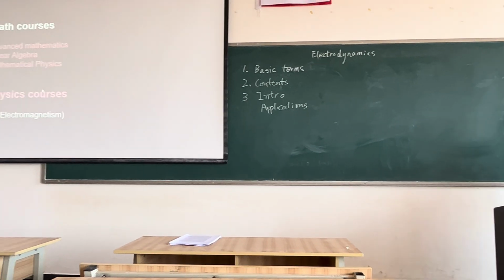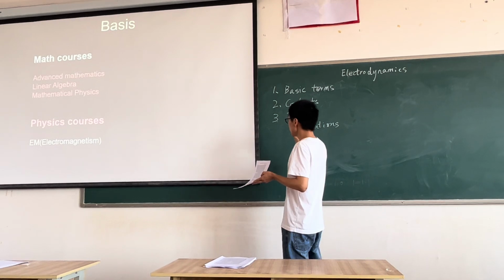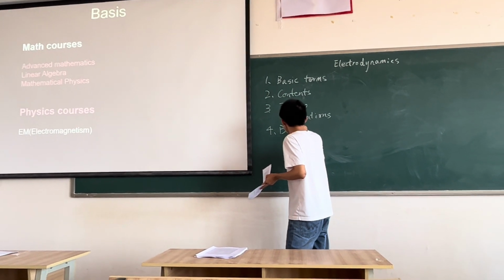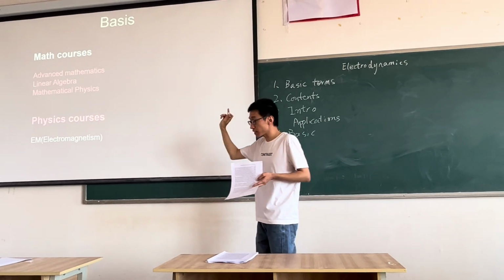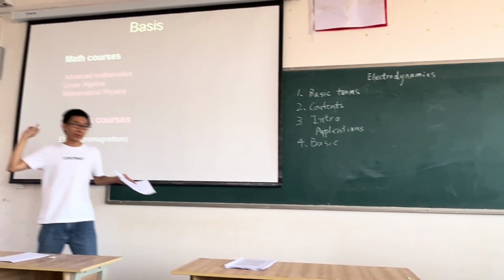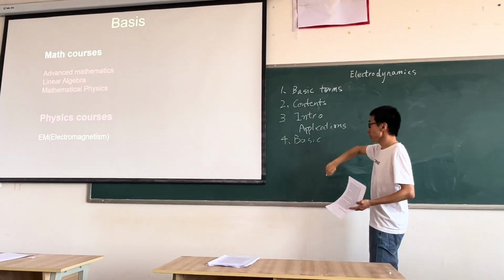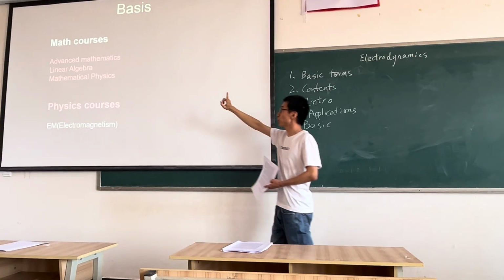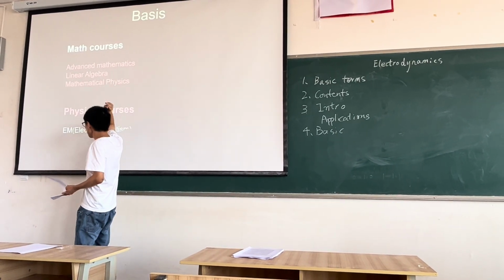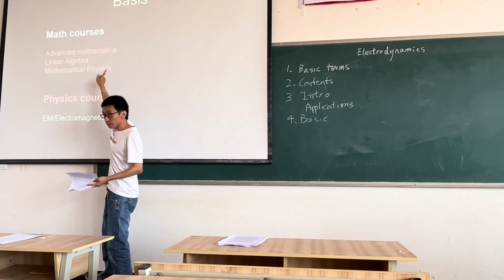All right. As I told you, together with quantum mechanics, this is one of the most difficult courses in the physics major. Why is it difficult? Because it has many requirements. For example, we require so many math courses, including advanced mathematics, linear algebra, and mathematical physics.